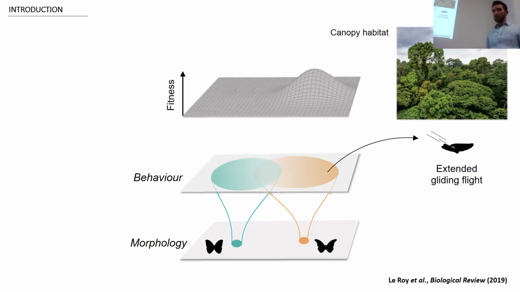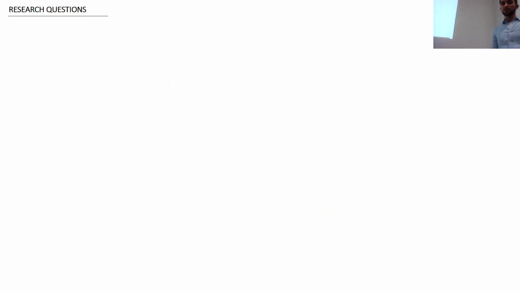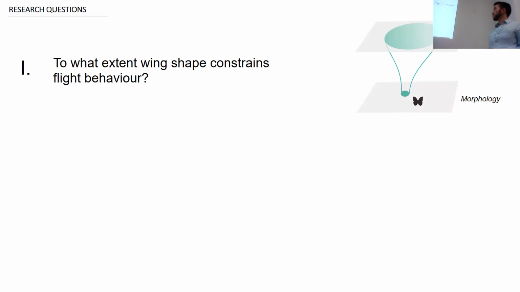But to test this hypothesis, I divided my work into the following research questions. First, I asked to what extent wing shape constrains flight behavior. And I did that by testing how behavior responds to wing shape alteration in an experimental study.